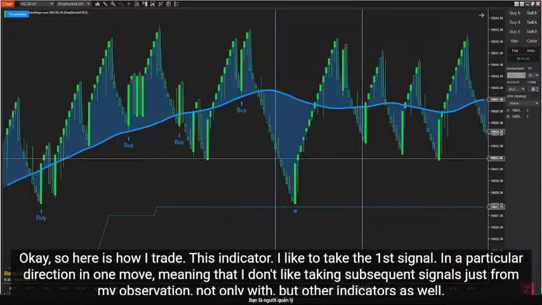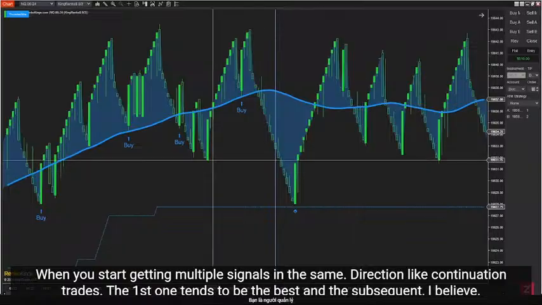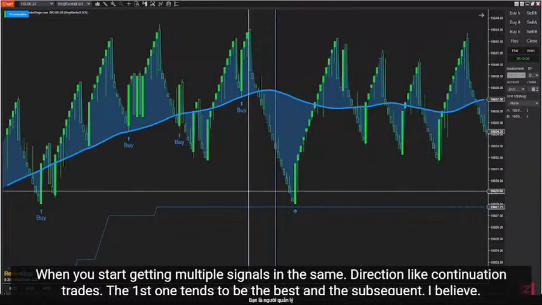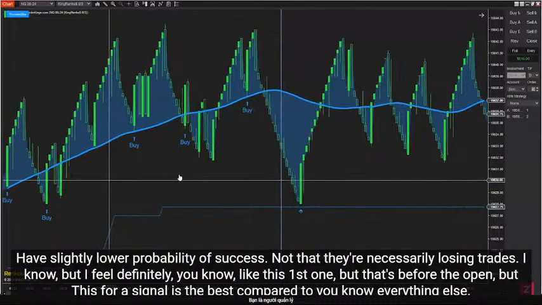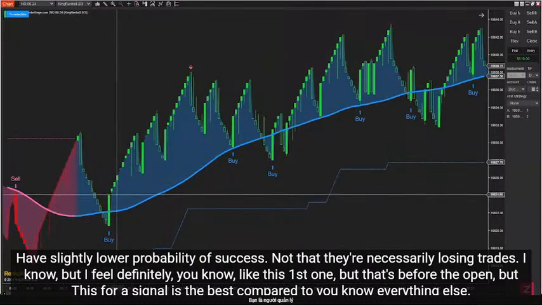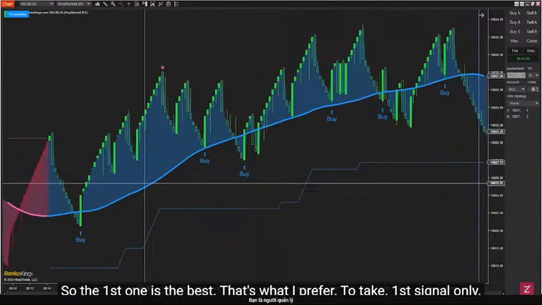Just from my observation, not only with Thunderzilla, but other indicators as well, when you start getting multiple signals in the same direction, like continuation trades, the first one tends to be the best, and the subsequent ones, I believe, have slightly lower probability of success. Not that they're necessarily losing trades, but I feel definitely that this first signal, right now, that's before the open, is the best compared to everything else. So the first one is the best. That's what I prefer to take.